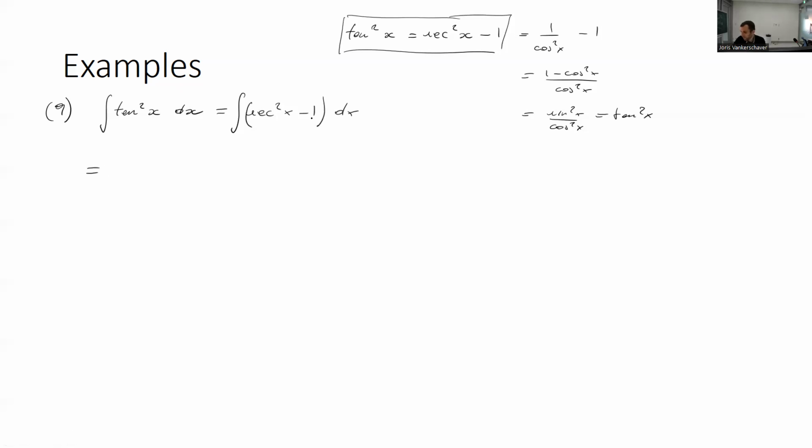And at this point, I've got an integral of -1. That's easy, that's minus x. But I also have an integral of the secant squared function.